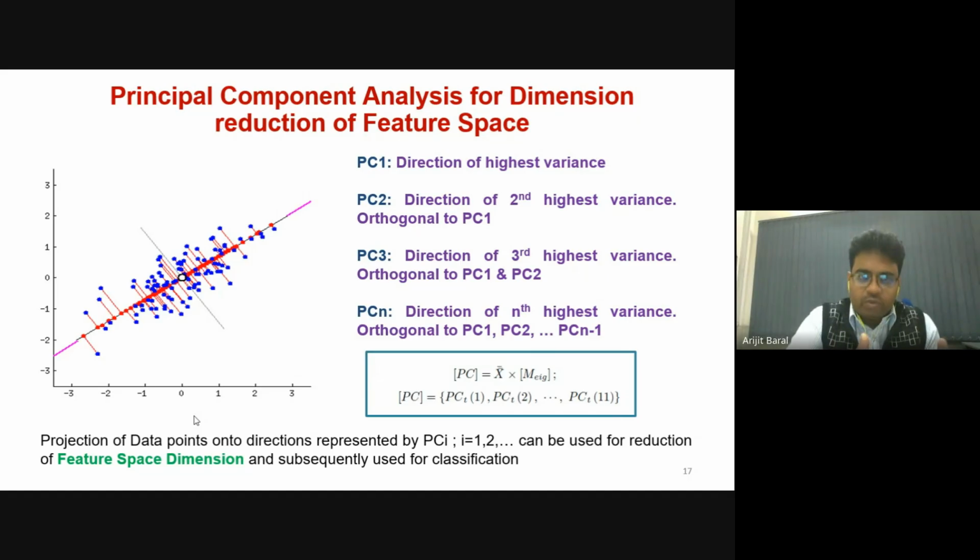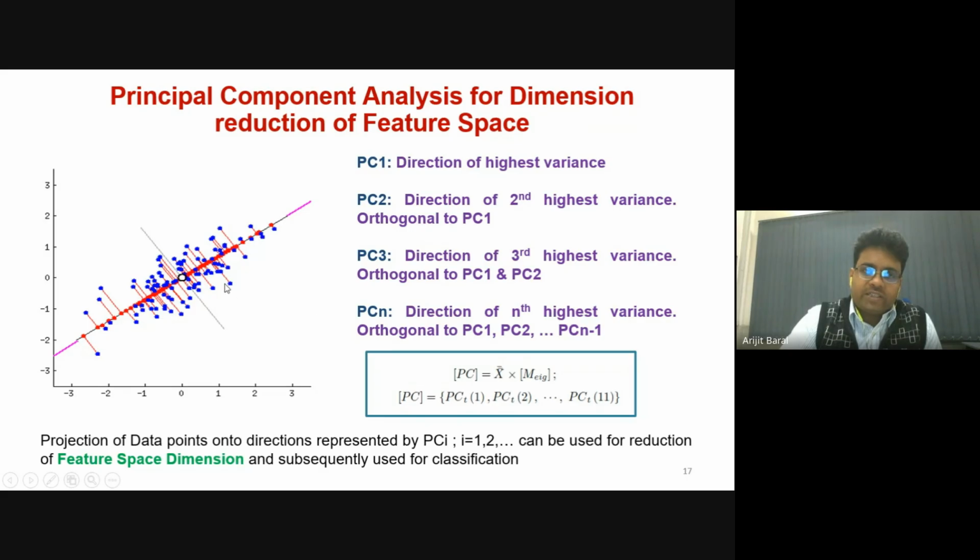For example, in the left hand side figure, there are 2 features involved, and these blue dots are the data points that I have considered. You can easily see that these data points have a tendency of maintaining a positive slope with these 2 features. So this pink color line gives us the direction in which the data is actually varying the most. This is principal component number 1.